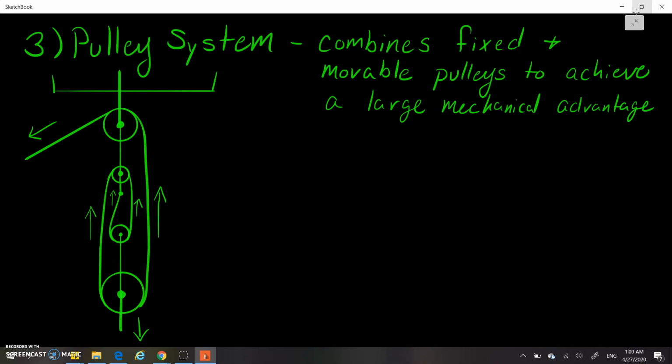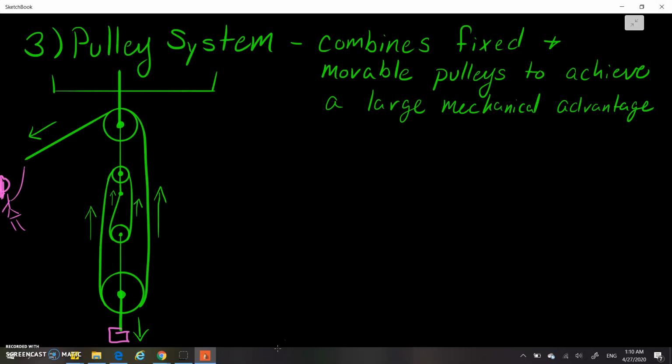There's not a set number to this one, but recall what I said earlier: your number of rope sections is what is used to determine your ideal mechanical advantage. So if I'm over here, and I am pulling on this system, I have 4 different sections of rope that are pulling up my box right here.